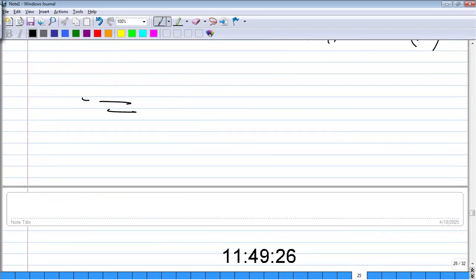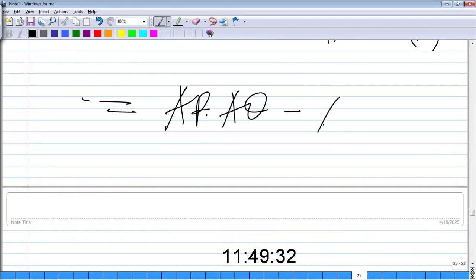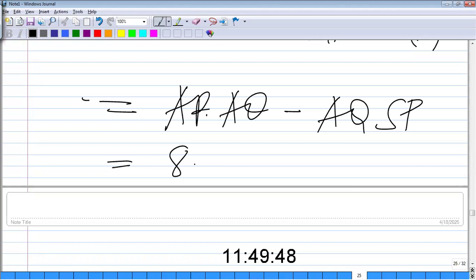Expenditure variance, the formula is AP, AQ minus SP, AQ. So what do you have? They give it to us, it's 87,348. Because we are fixing the budget for units, not hours.